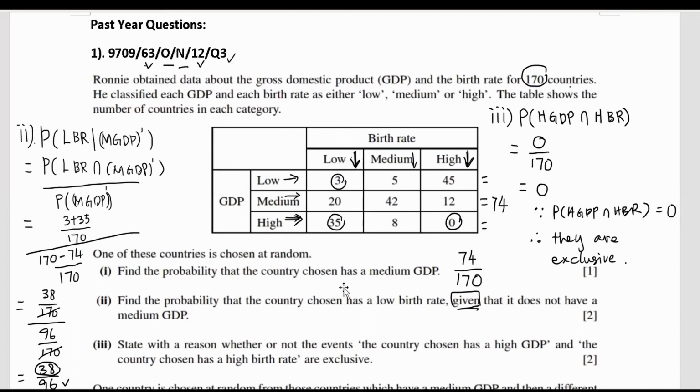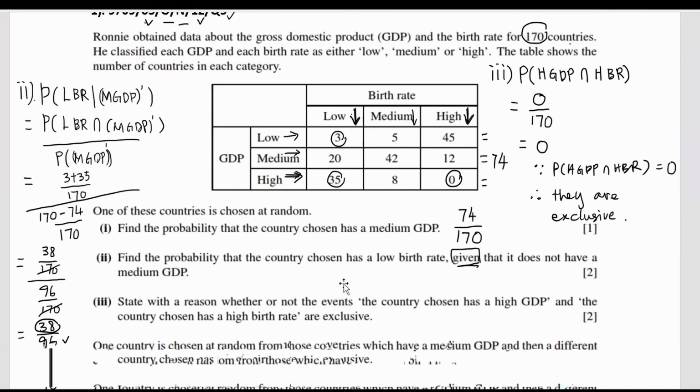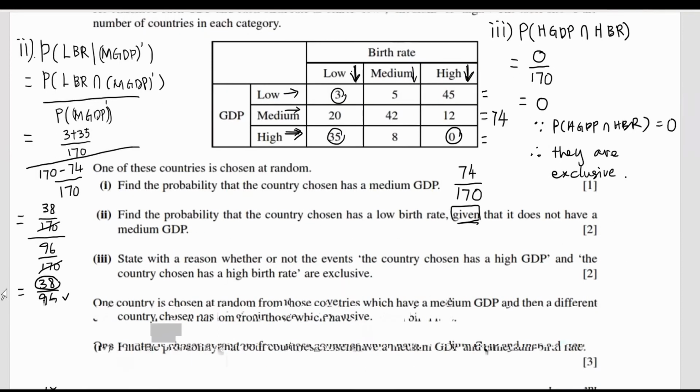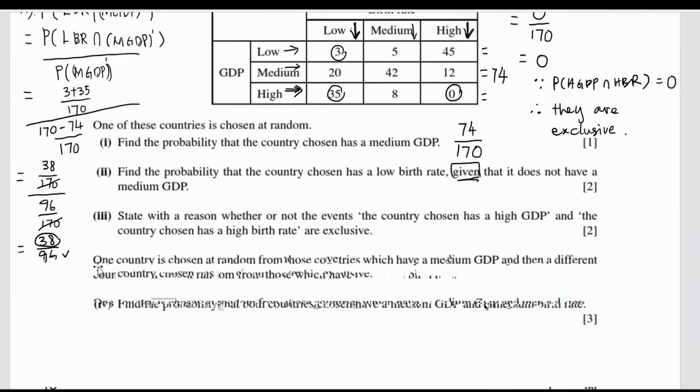So now we continue to look at part 4. One country is chosen at random from those countries which have a median GDP. And then a different country is chosen at random from those which have a median birth rate. So in order to understand it, we have to choose 2 countries, one after the other.